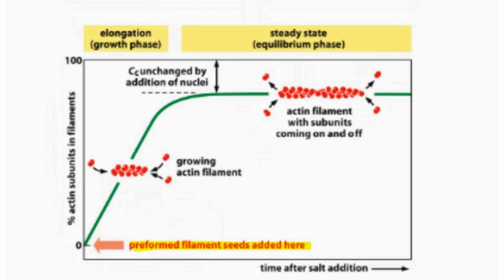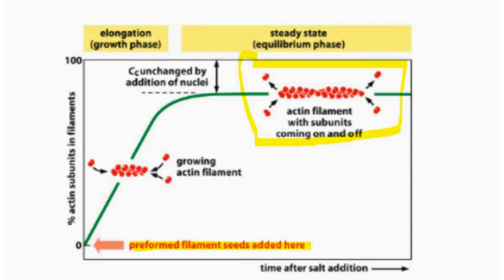That is, the filaments are added from the previous experiment directly. What's happening? The initial lag phase is not there. So we directly start from the elongation phase, the growth of actin filaments, followed by subunits coming on and off, that is the steady state.